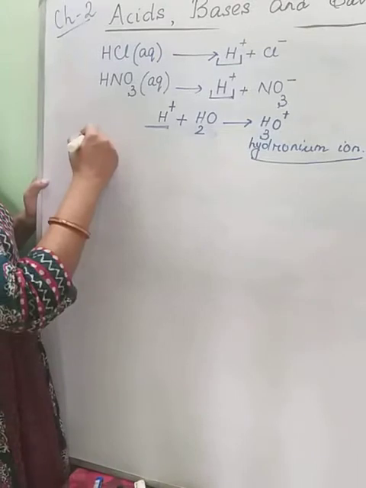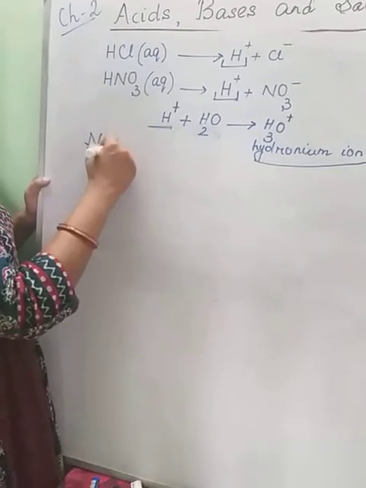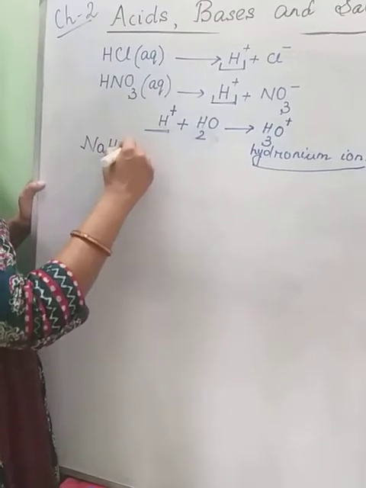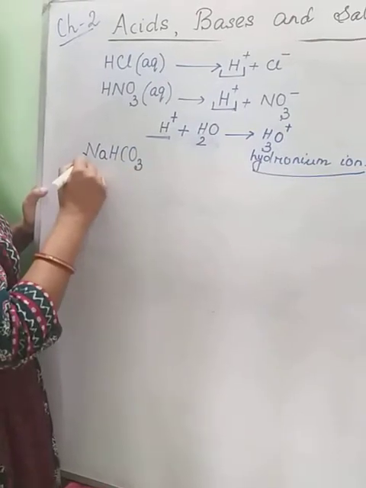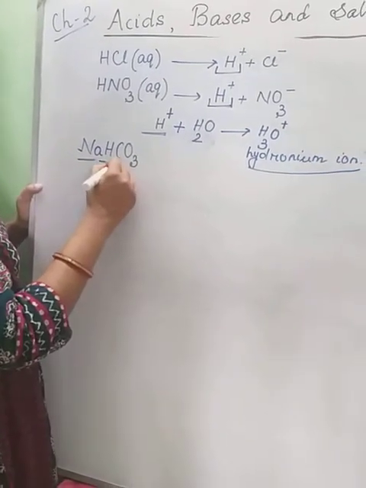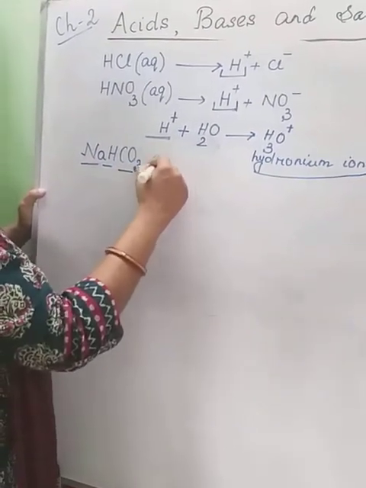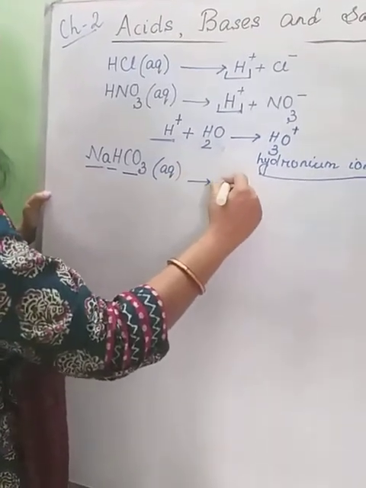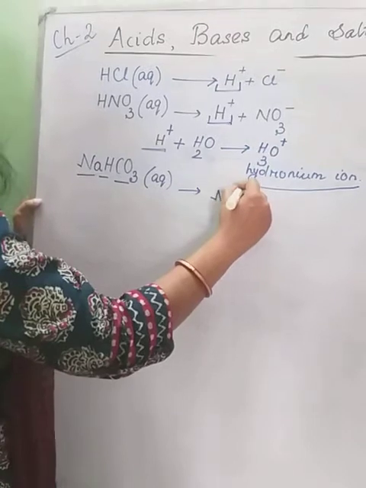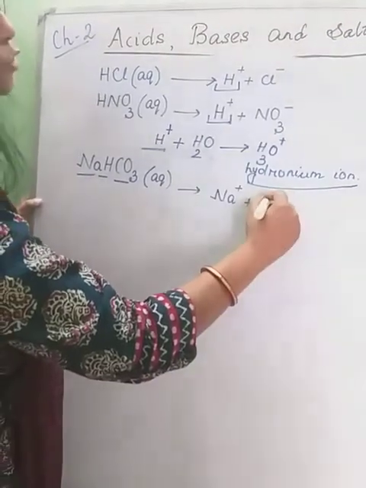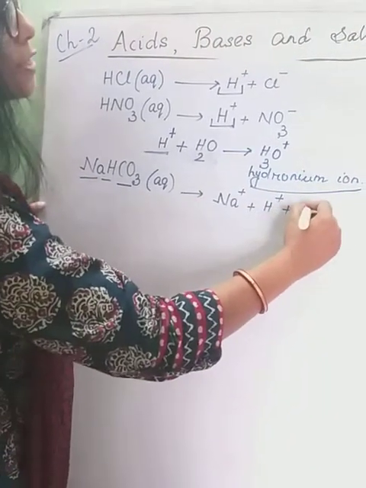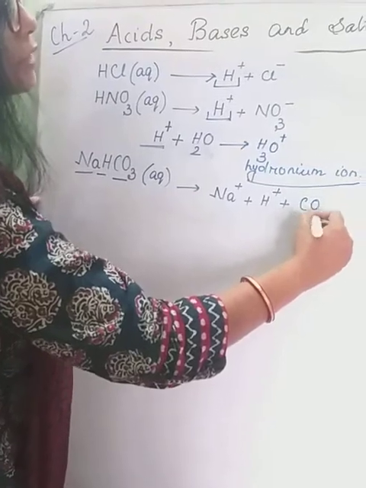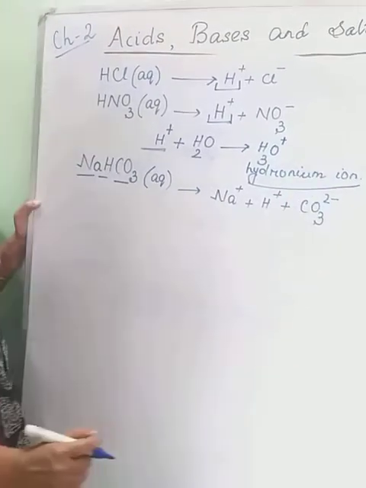Suppose we have a compound NaHCO3, sodium hydrogen carbonate. This in aqueous solution will dissociate to sodium ion, hydrogen ion, and as you know, carbonate has a valency of 2 minus.